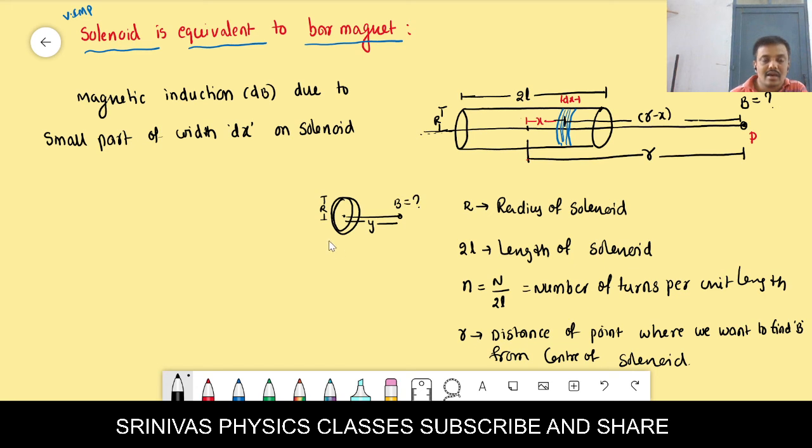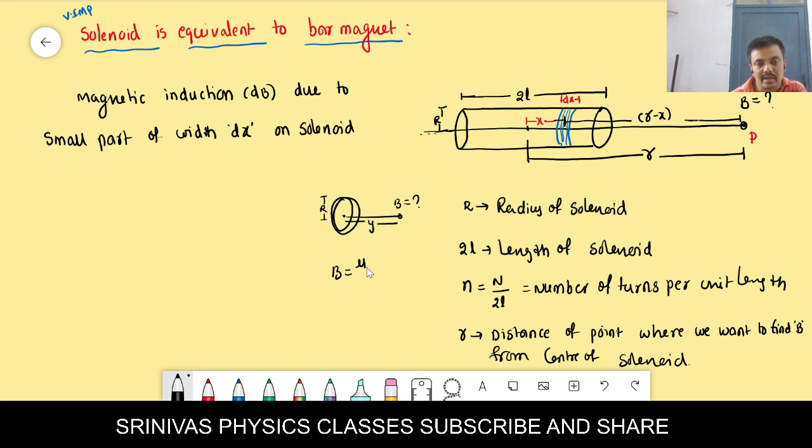Can anyone tell the formula for the magnetic field on the axis of a circular coil? If the number of turns is n, then mu naught n i.